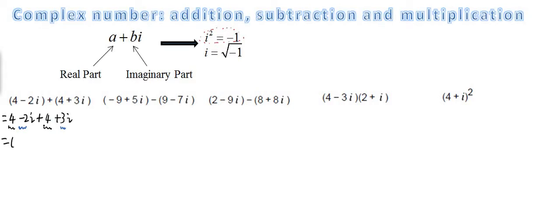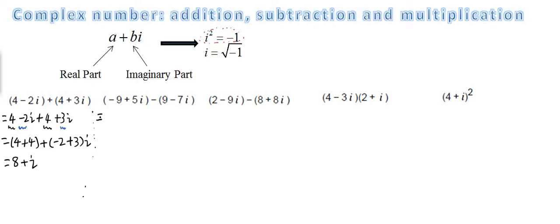The real part is 4 plus 4, right? And the imaginary part is -2 plus 3, times i. So we have 8. 3 minus 2 is 1, it's i.